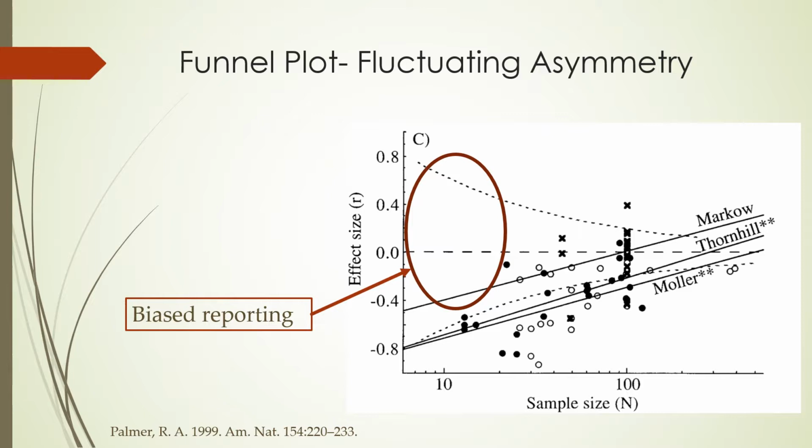Here's an example of a study that identified reporting bias in a meta-analysis of fluctuating asymmetry. Fluctuating asymmetry is the hypothesis that mates tend to choose other animals or individuals to mate with based on the left and right symmetry of their potential mate.